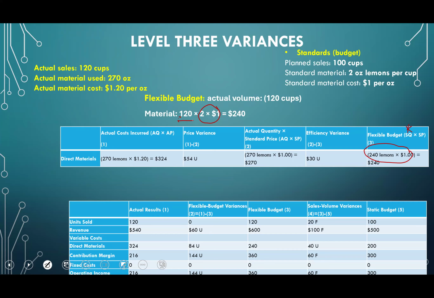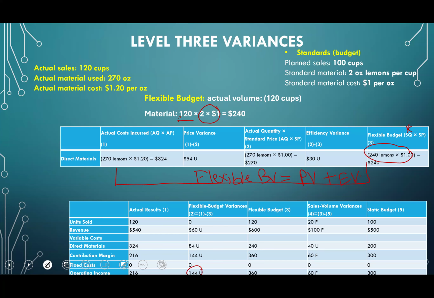And also notice this is my actual column and this is my flexible column. So this is my flexible budget variance from level 2. I have now split that into two. So needless to say, flexible budget variance is always equal to price variance plus efficiency variance. You can also check my flexible budget variance was 144U here.